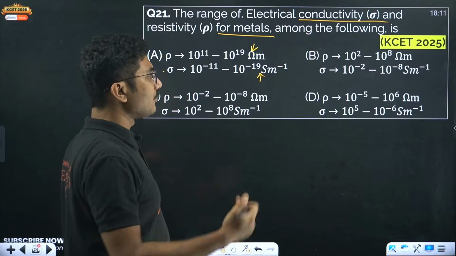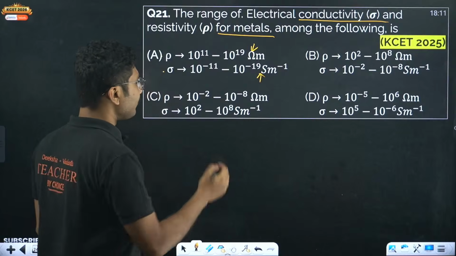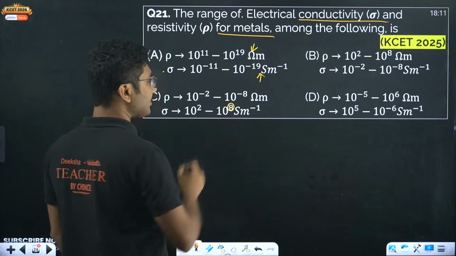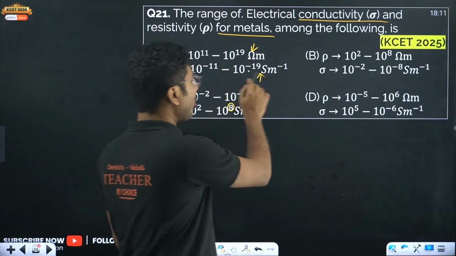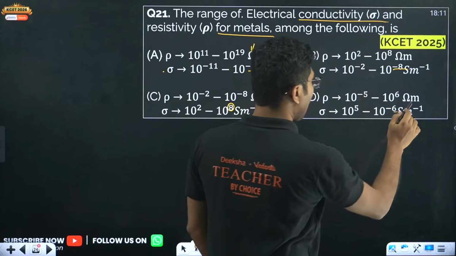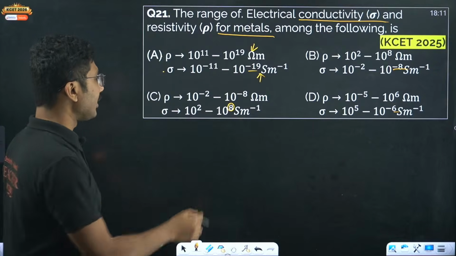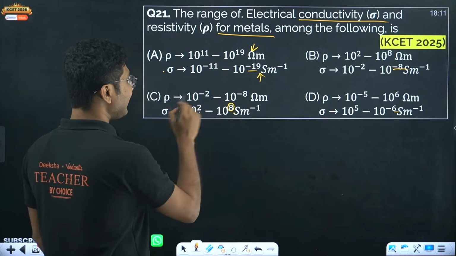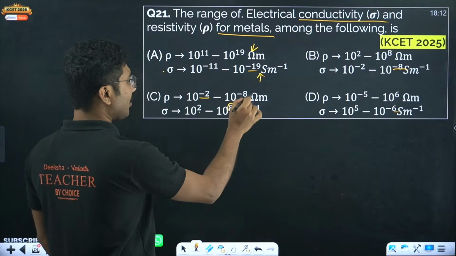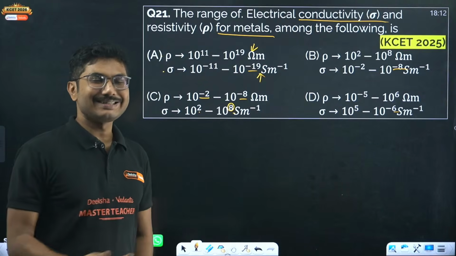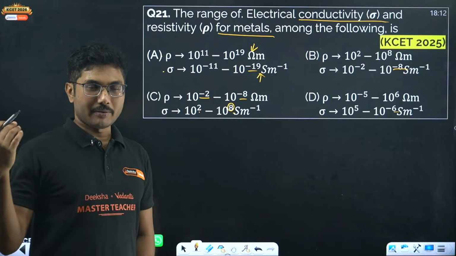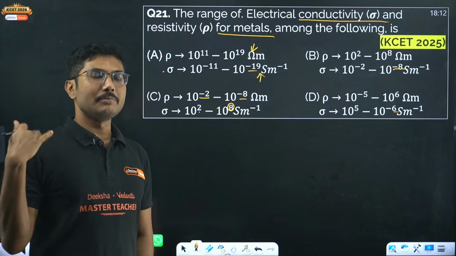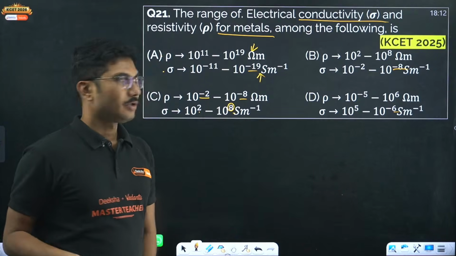Here the power of 10 is higher than all the other options: 10 to the power of 2 to 10 to the power of 8, whereas resistivity has negative powers. So for metals, resistivity will have negative powers, and conductivity will have positive and high powers.